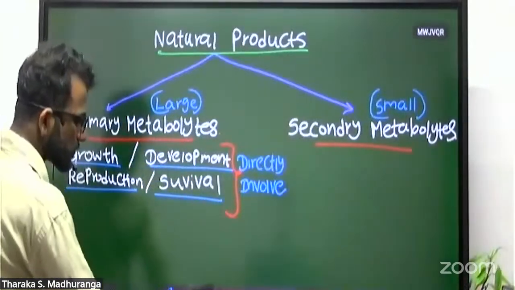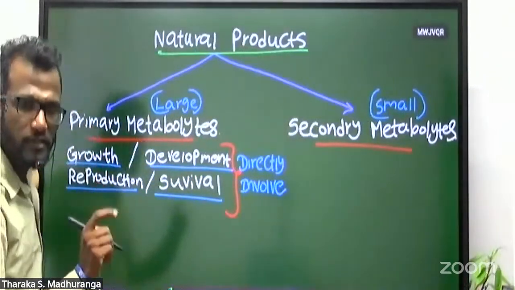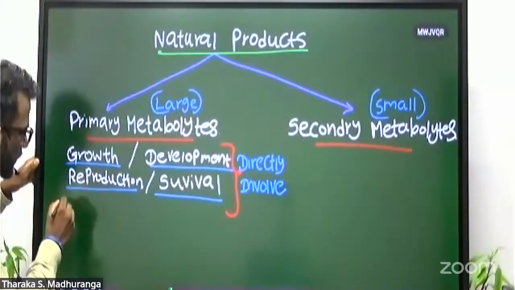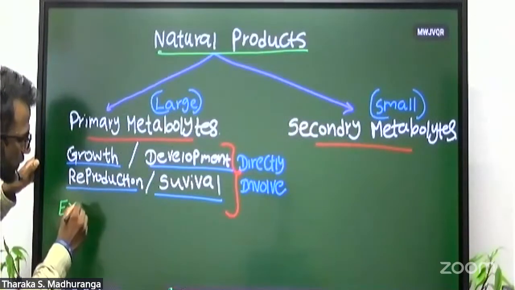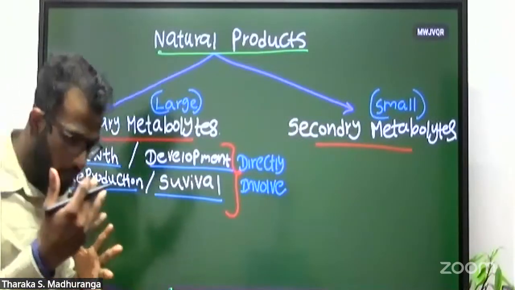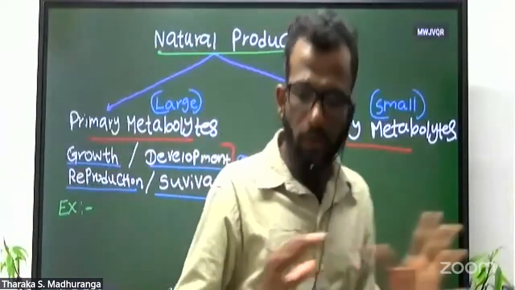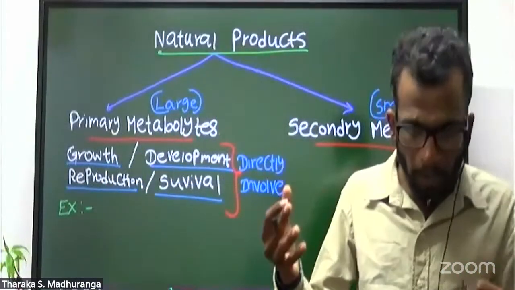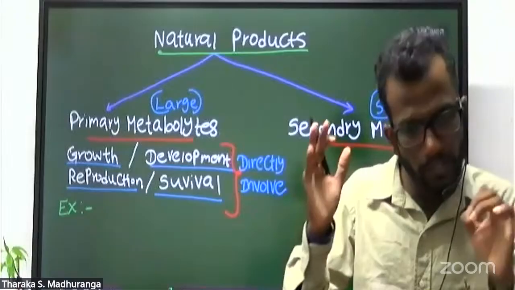All are correct. Then understand the examples for primary metabolites. We already discussed every structure and every characteristic in the biomolecule lesson, the second part.